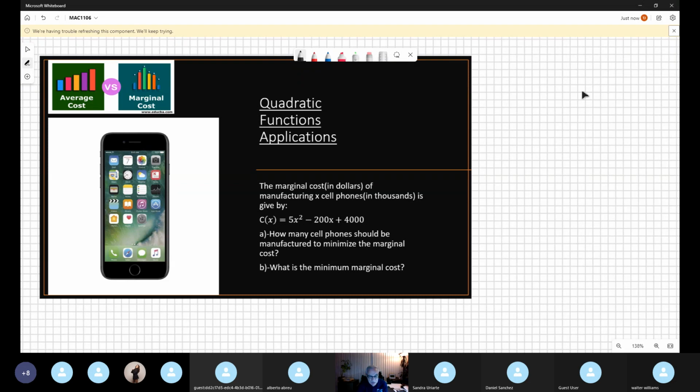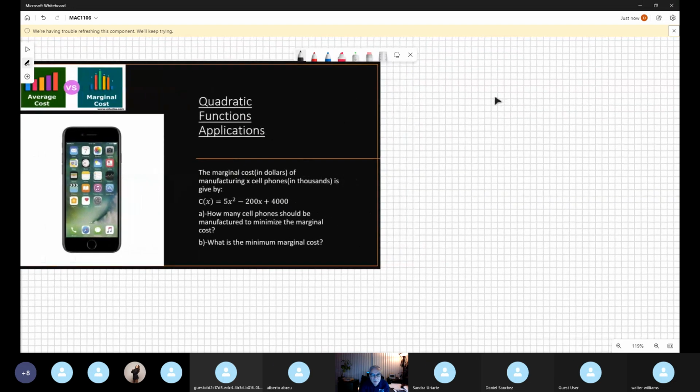It's given by this formula. Let me copy the formula: C of x is equal to 5x squared minus 200x plus 4,000.